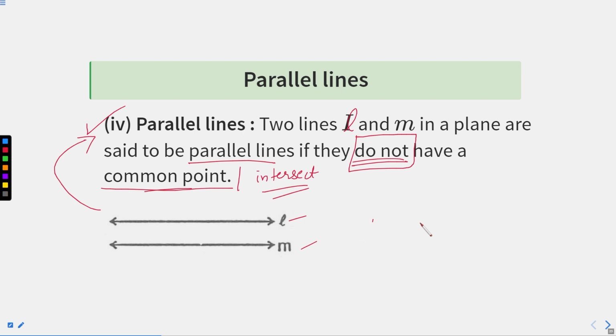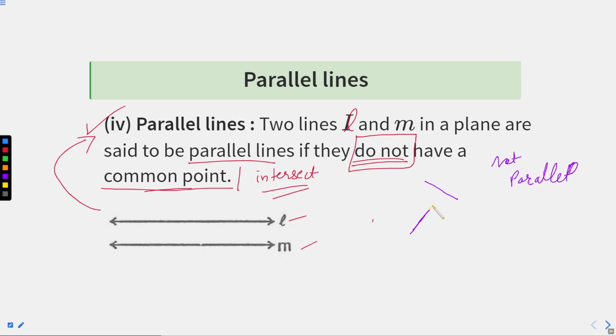Now let's move to the next. Before moving, let me give you an example and ask you whether it is parallel or not. If I say one line is here, another line is here, are these lines parallel? One can say no, one can say yes. The actual answer is not parallel. Why are they not parallel? Because they are intersecting, but we cannot see the intersection because it is not extended.